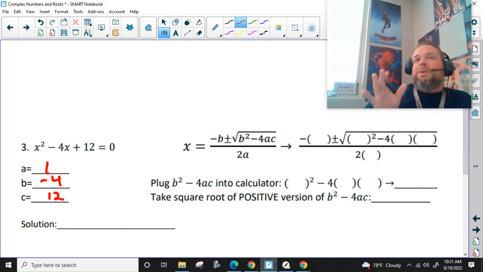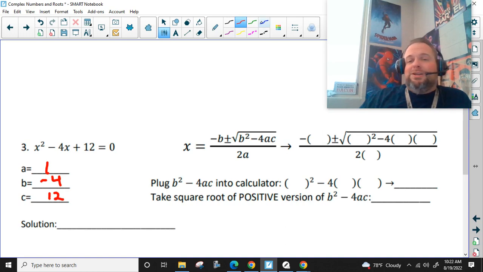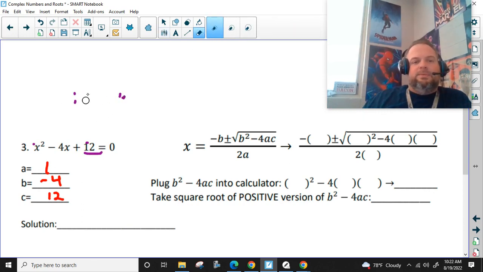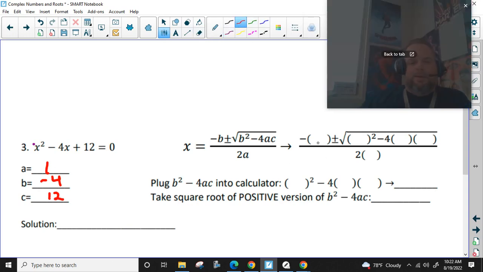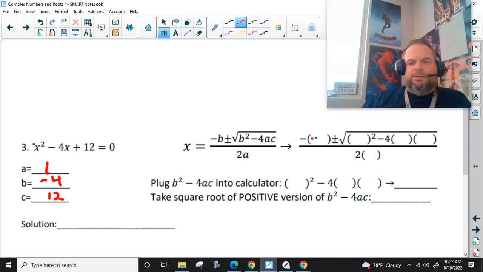Now, for my people that were factoring yesterday, solving these by factoring, you would find out really quick that you cannot solve this by factoring, because there are no factors of 12 that add up to negative 4. Well, yes, there is. Never mind. I should probably look at the problem better. 1 and 12.